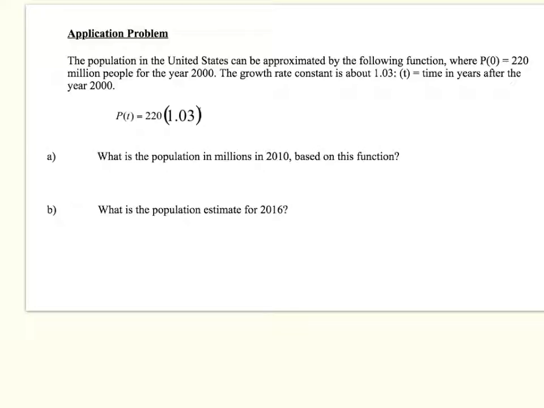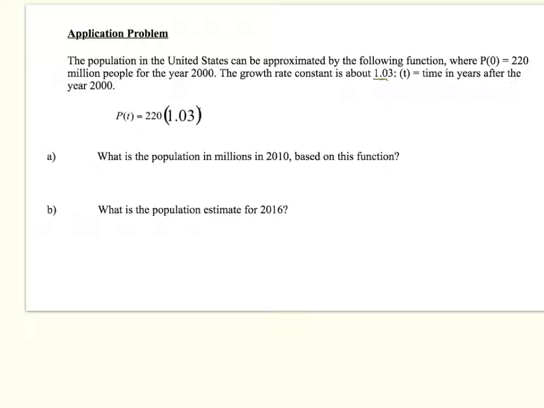So in this case, the population in the United States can be approximated by the following function, where P naught is the initial population of 220 million people for the year 2000, that would be year 0, right? And the growth rate constant is about 1.03. In other words, the population in the United States is growing at about 3% per year. T equals time in years after the year 2000.